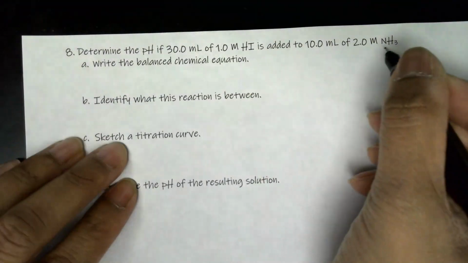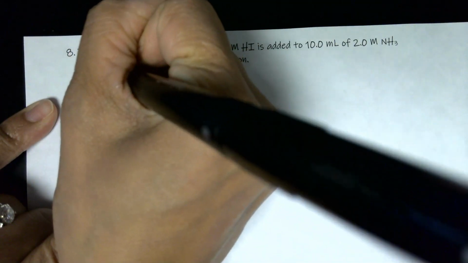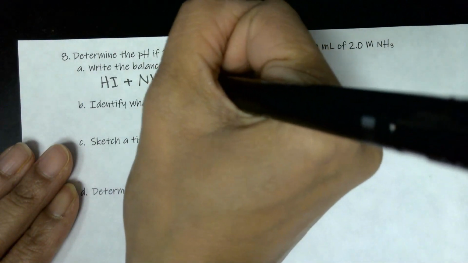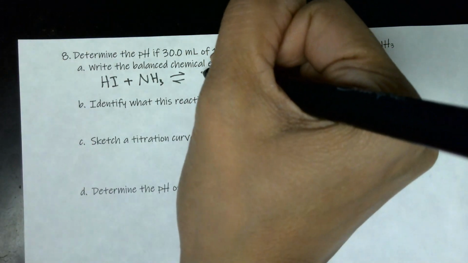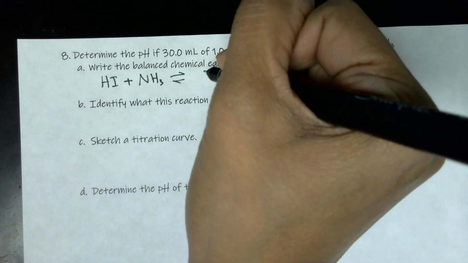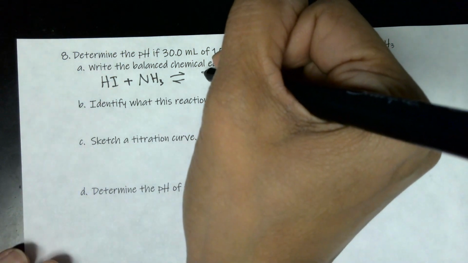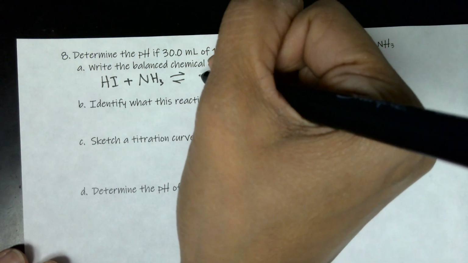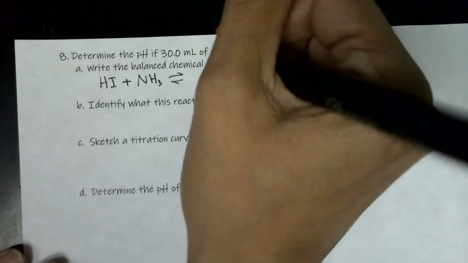So we're going to use the same reactants that we did before. We have the strong acid of HI, hydriodic acid, and NH3, which is ammonia. That's essentially equivalent to what you use for cleaning windows. So think through what the equation would be at the end of this. Okay, I'll just stick to what we've been doing.